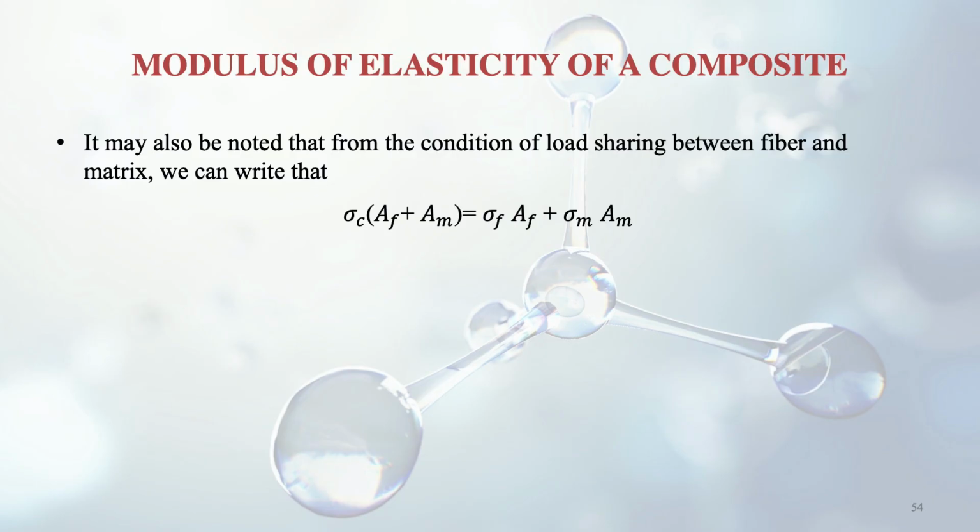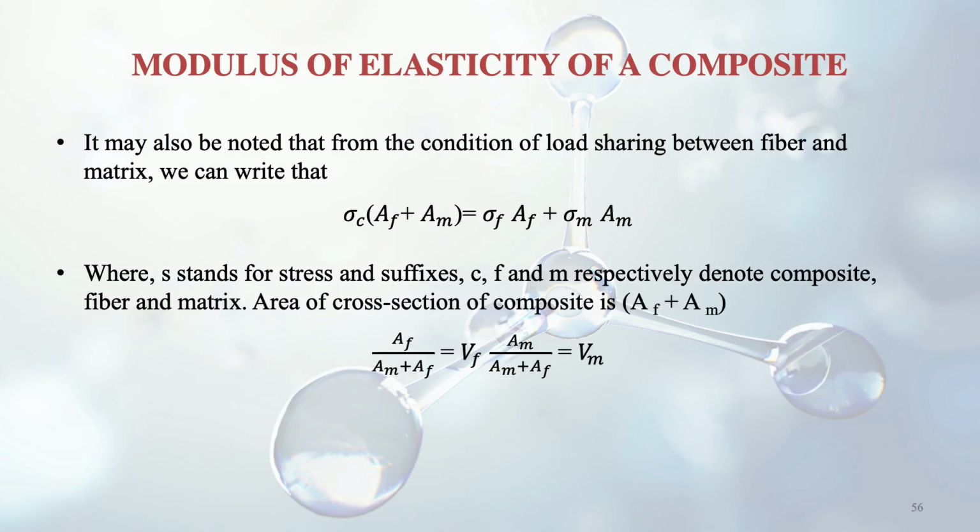So this relation will hold true. The area of cross-section of the total composite is AF plus AM. We know that. And the volume fraction for the fiber is AF by AM plus AF, and for the matrix AM by AM plus AF.